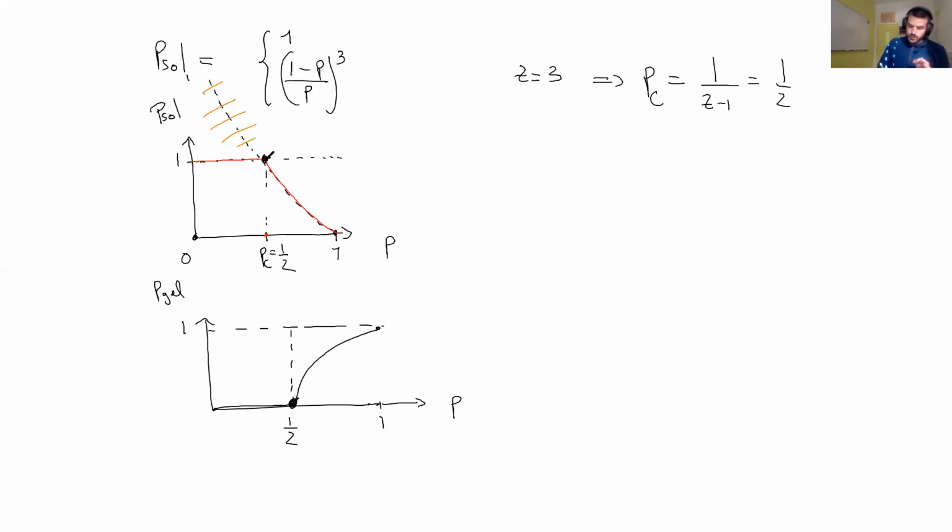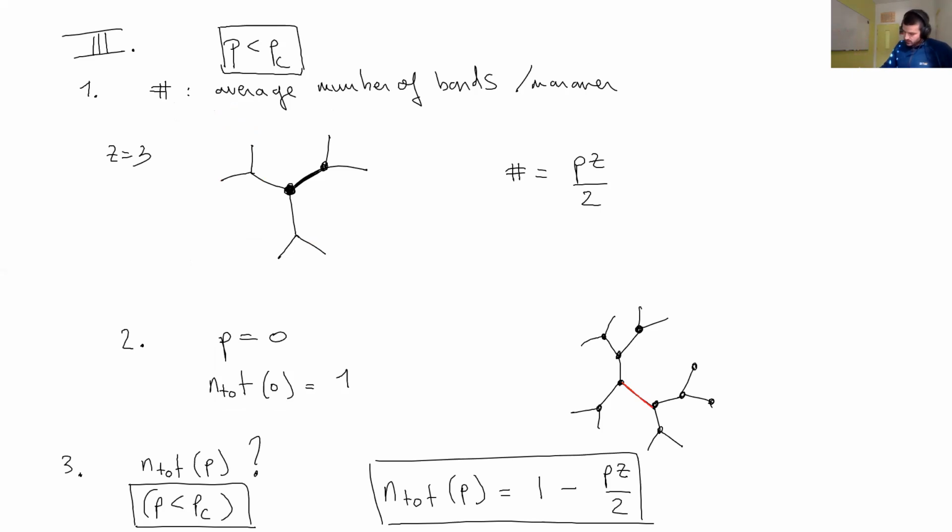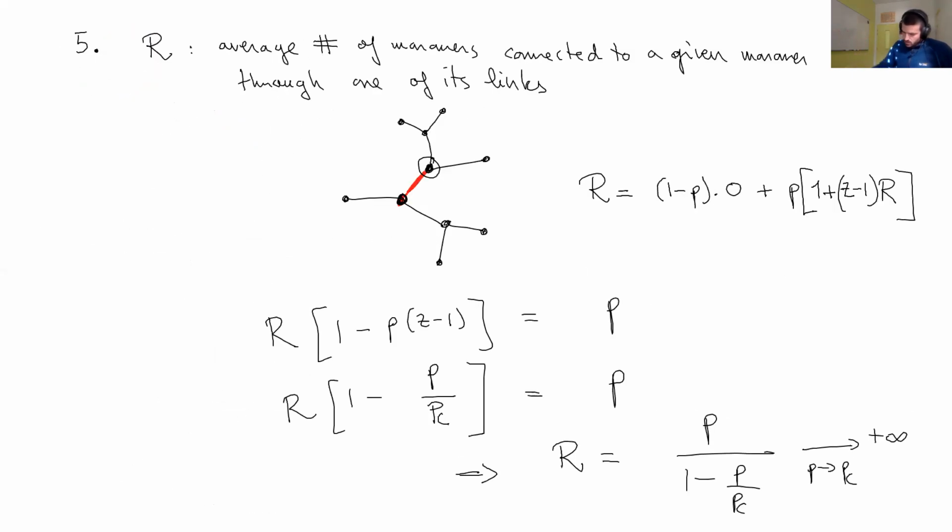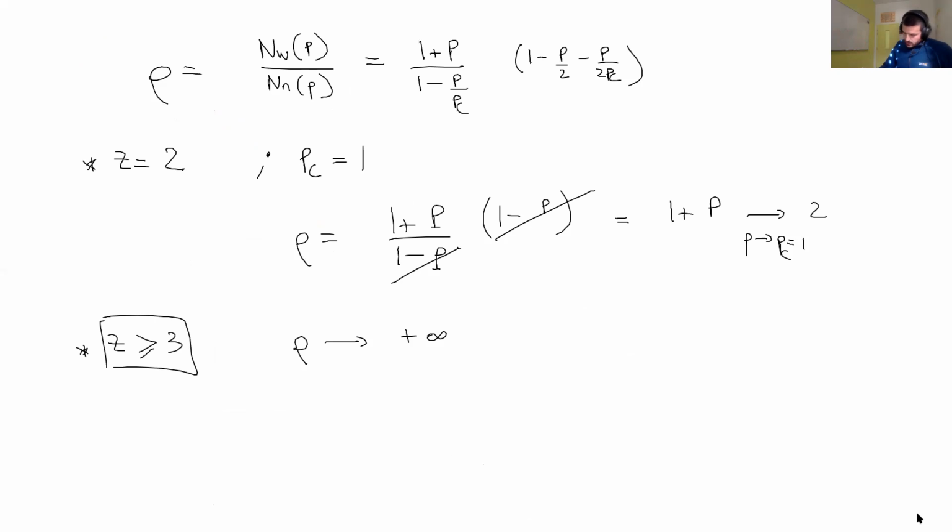When you reach this situation from below, of course you don't change P-sol because you have not reached the critical point yet, so you still have purely finite size polymers, but the polydispersity is growing and growing and growing. And when you reach that point, boom, you have an infinite polydispersity, meaning you have all sizes present in the system, including infinite size. Okay, I think this is it for polymerization.